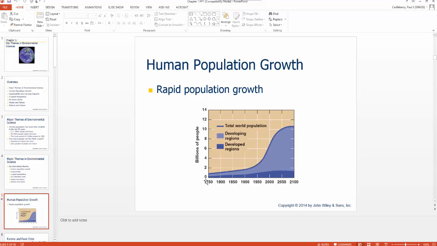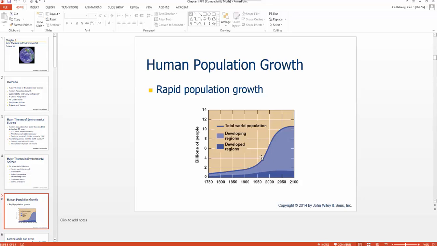I'm sorry, I was saying millions earlier, but this is in terms of billions of people. So by about 2050, our total population will be nearing 10 billion, according to this particular chart, is what they're projecting. Now what we have to determine as a society is, can we support this many people on the planet?